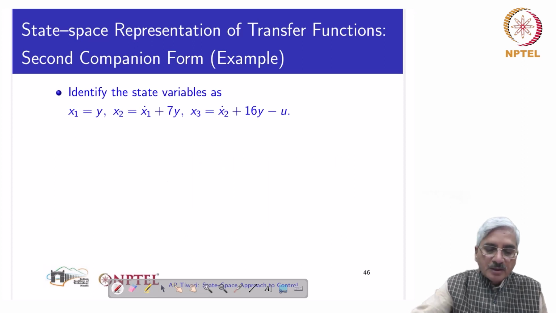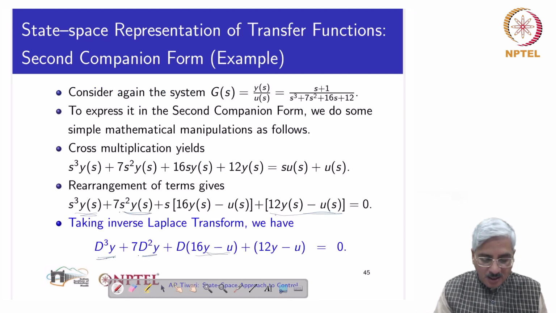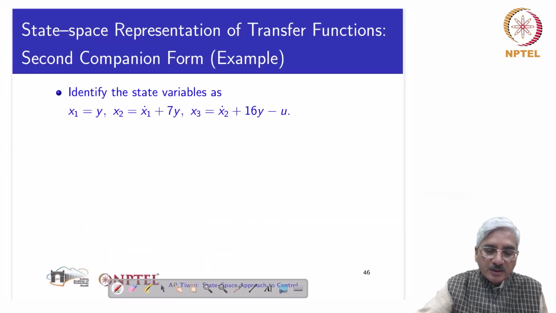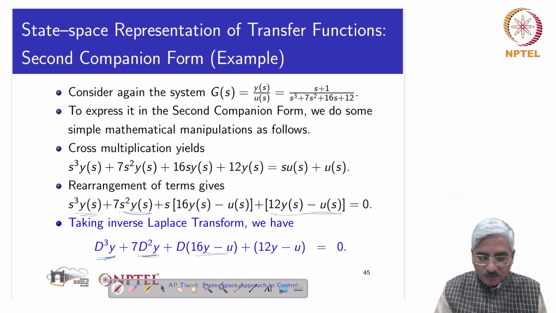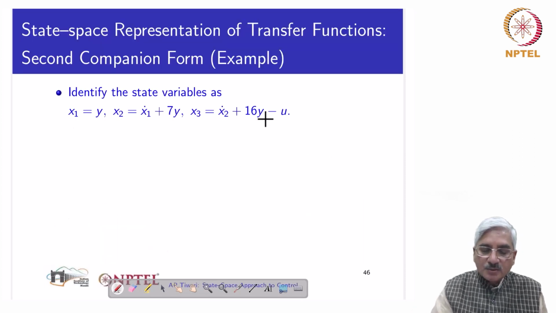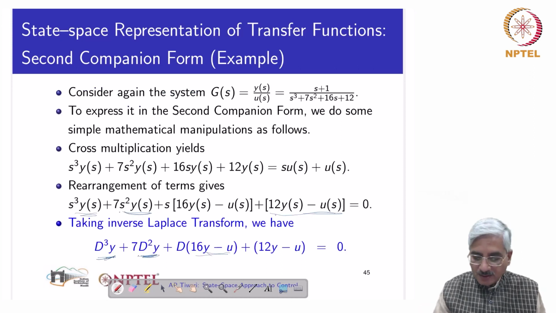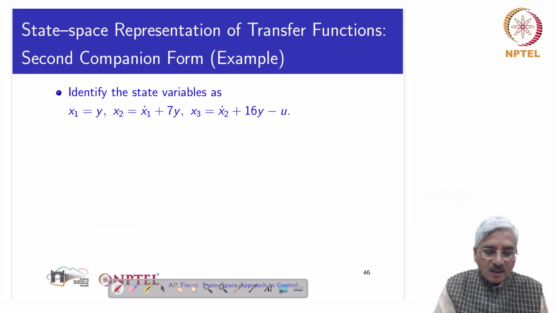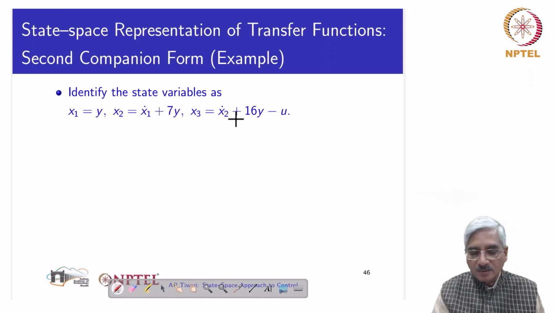So x1 is y, x2 is x1 dot plus 7y because it is only coming alone, and x3 is x2 dot plus 16y minus u, and this is x3 dot.